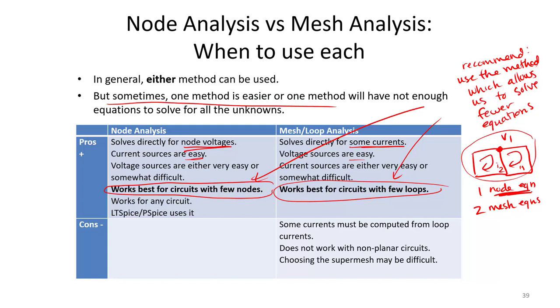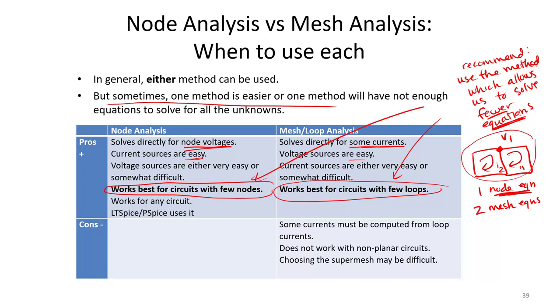So it becomes a little bit of an art to recognize what method might be best. Generally, there are multiple approaches that will work for solving different kinds of problems, but if you can take a look at what you know, try to recognize whether node analysis or mesh analysis will produce fewer required equations. So if you have a circuit that has very few nodes, node analysis might be a good approach.